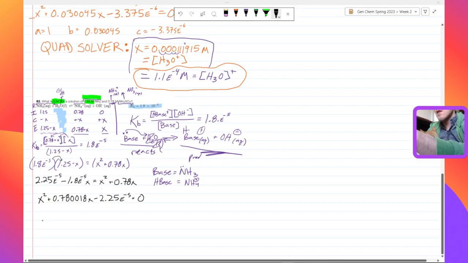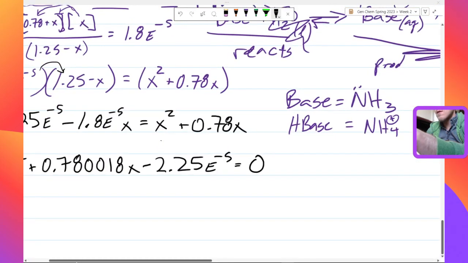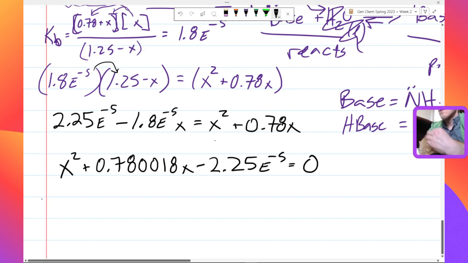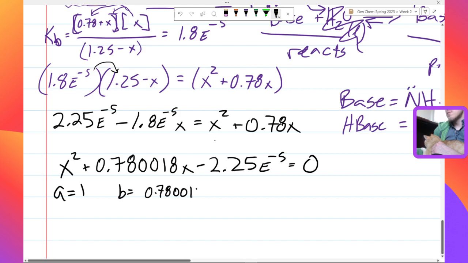So now, once again, we're basically just ready to quadraticize this here with A equals 1, B equals 0.78, and C equals this very small number here. Okay.